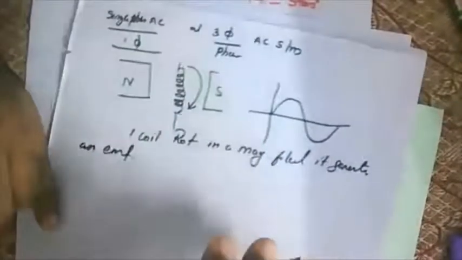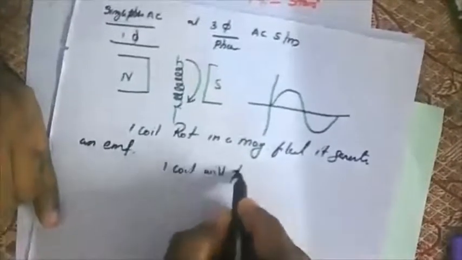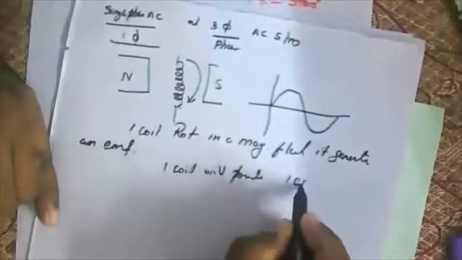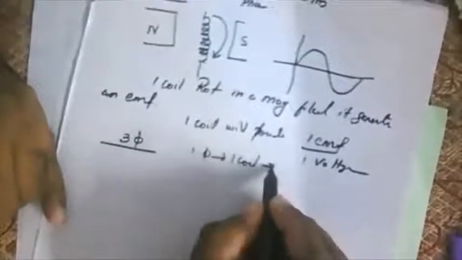One coil will produce one EMF, or one voltage. So, what is actually meant by the three-phase system? Single phase has one coil, so one voltage.